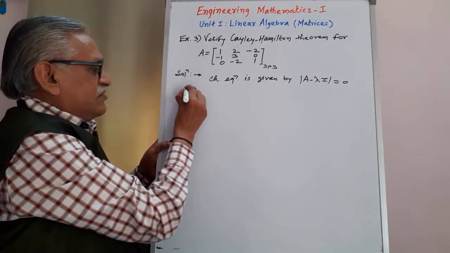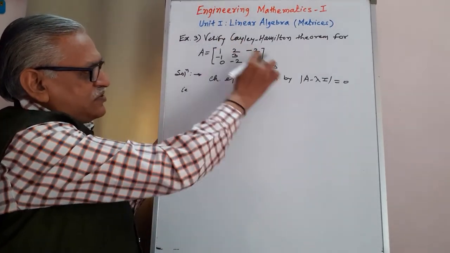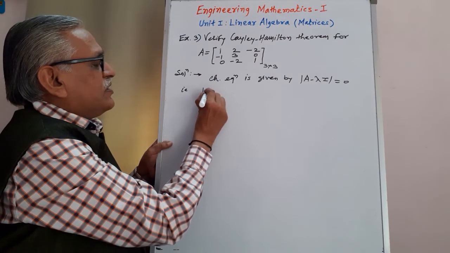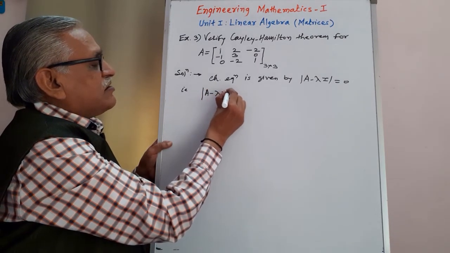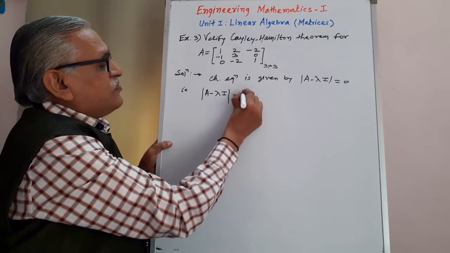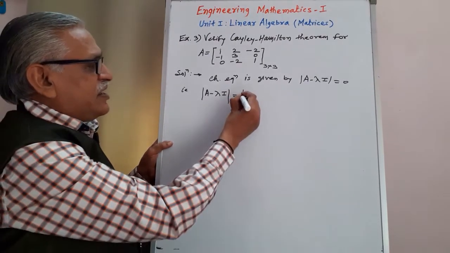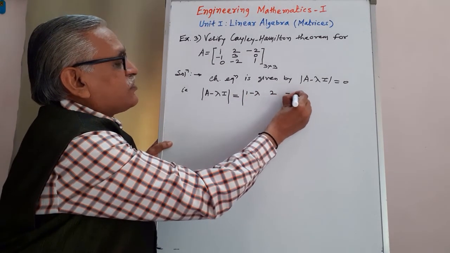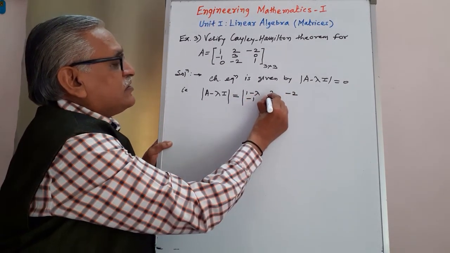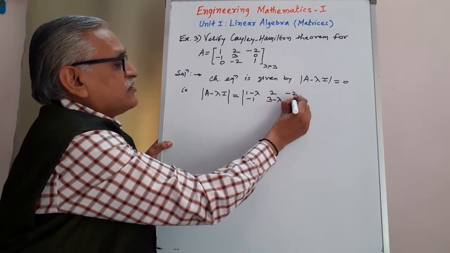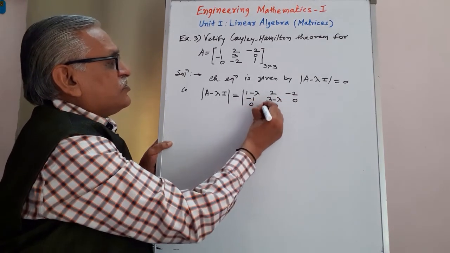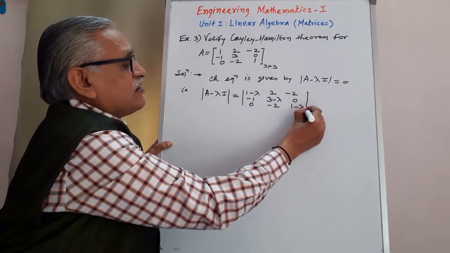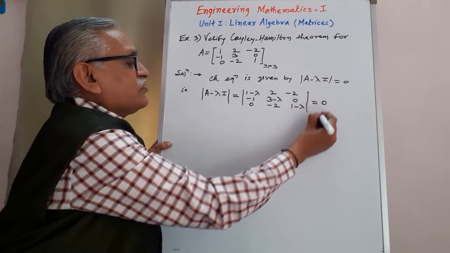That is, subtracting lambda from this, we get this determinant, and therefore the determinant of A minus lambda I equals, we have elements 1 minus lambda, 2, minus 2, minus 1, 3 minus lambda, 0, 0, minus 2 and 1 minus lambda, and that equals 0.